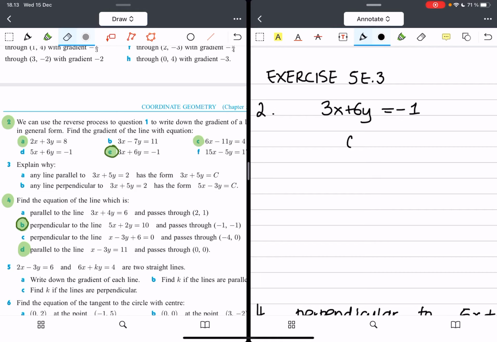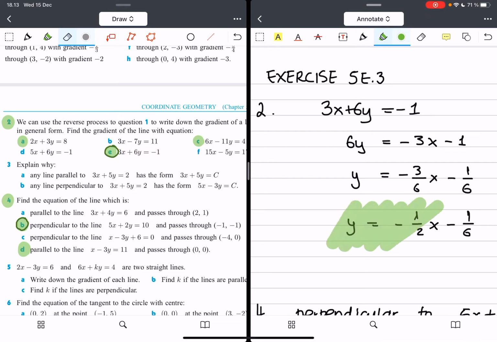So first you move your x's to the right, and then you divide by the number that y is multiplied with. And then in this case you can simplify actually. Now this is the gradient intercept form, because you can directly see that the gradient is negative 1/2 and the intercept is negative 1/6.